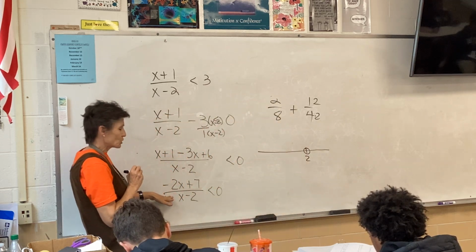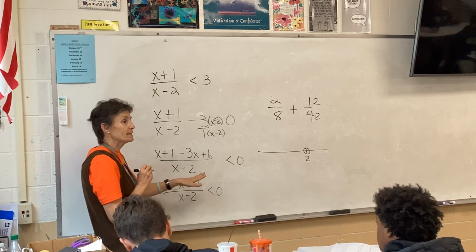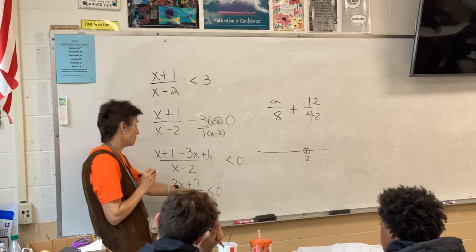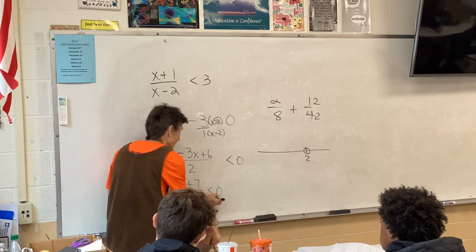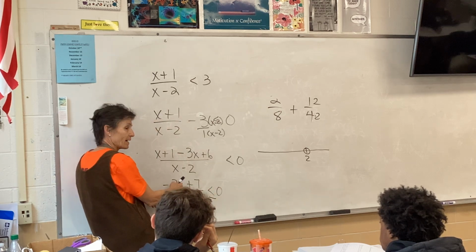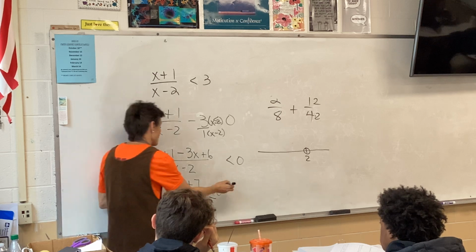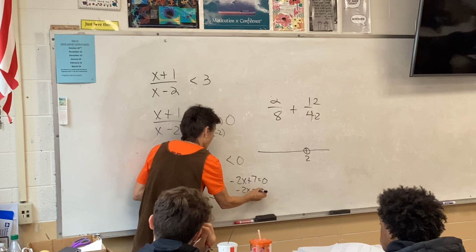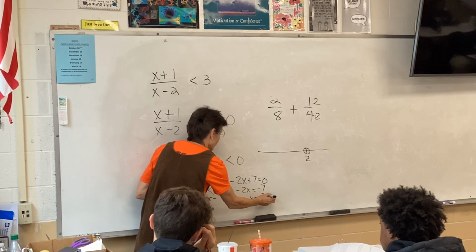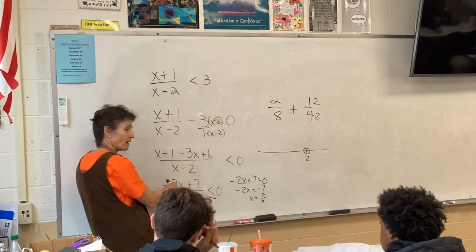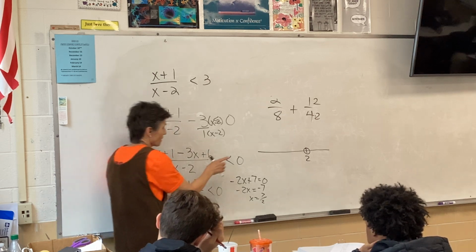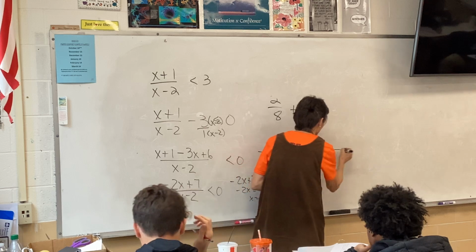Could this fraction ever actually equal 0? Well, it's not supposed to, but if it did have an or equal to on it, wouldn't that come from the top? So negative 2x plus 7, all those negatives, maybe I have to write it down. So 7 halves, if I put 7 halves in there, I would actually get 0. So I'm gonna put 7 halves on my number line.